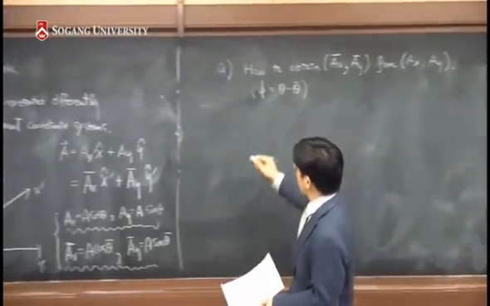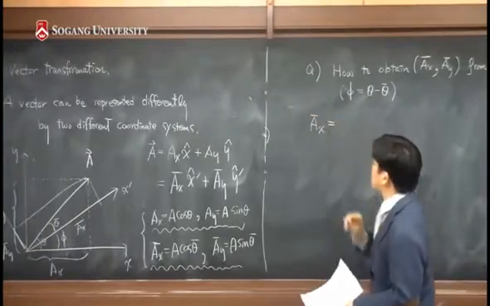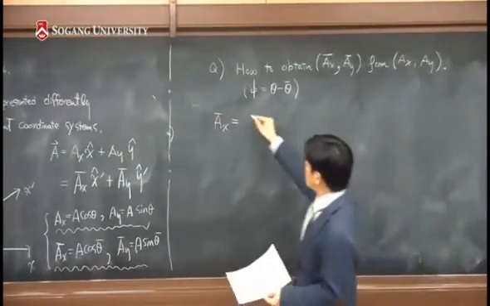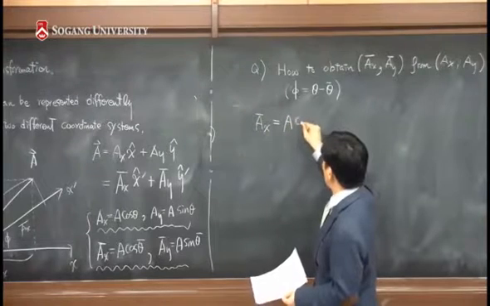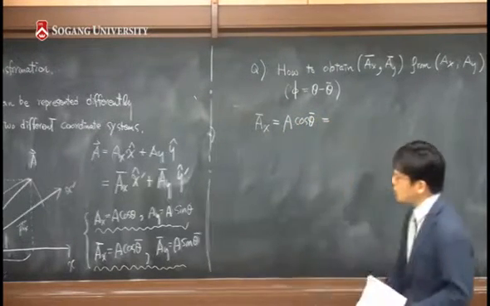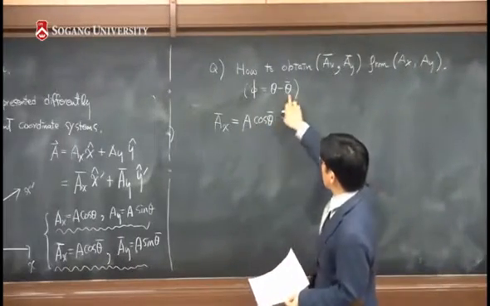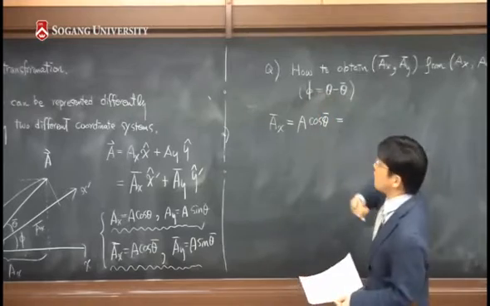Then, to get the expression of ax bar, which from the beginning is a cosine theta bar, we can change theta bar in terms of theta and pi.